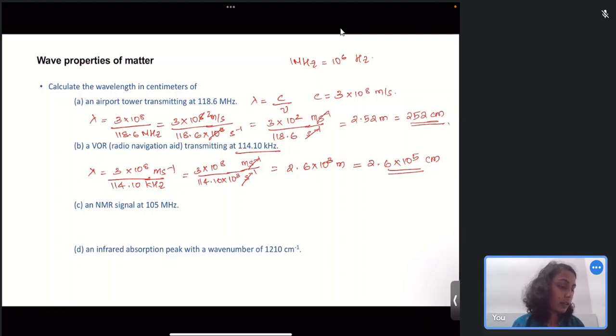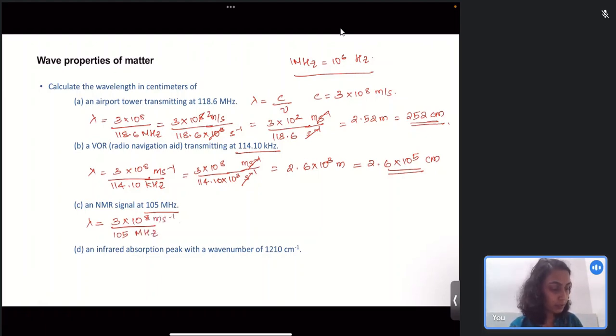The next is to find the wavelength in centimeters for an NMR signal at 105 megahertz. One megahertz corresponds to 10 to the power 6 hertz. So lambda is equal to c by nu, which is 3 into 10 to the power 8 divided by 105 megahertz.